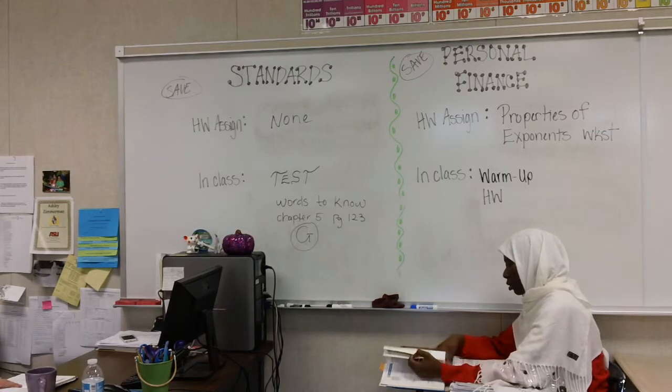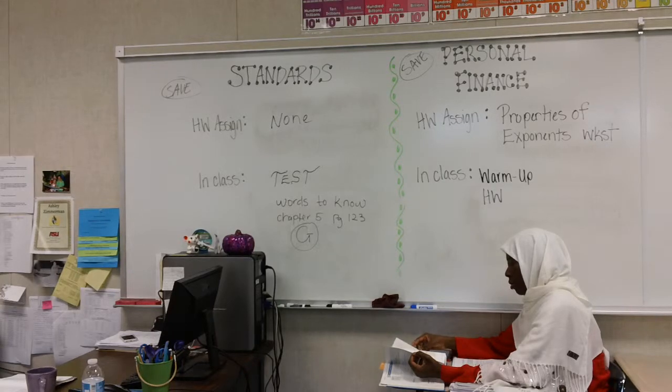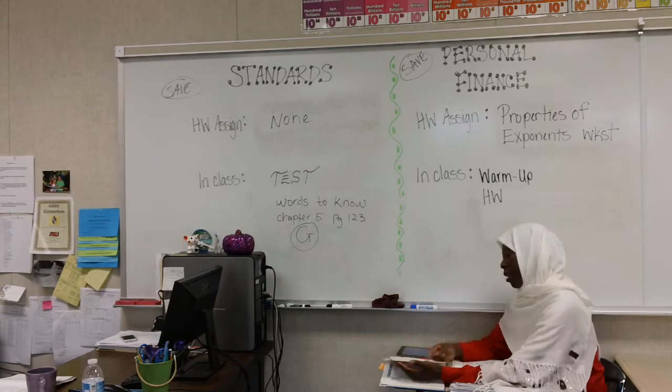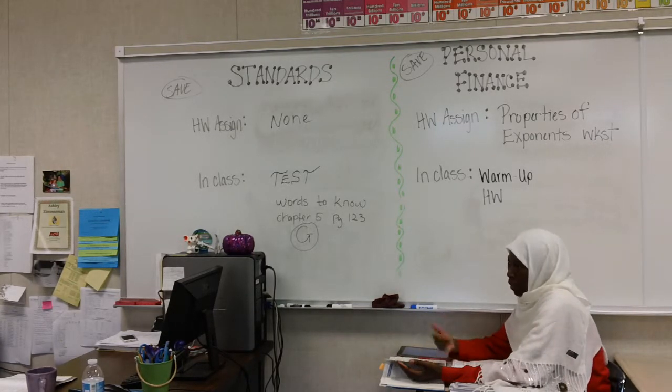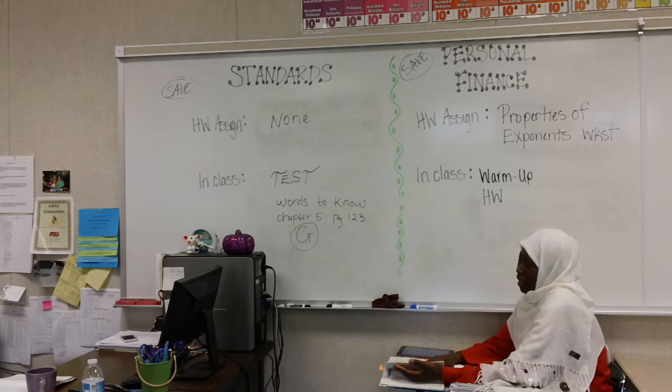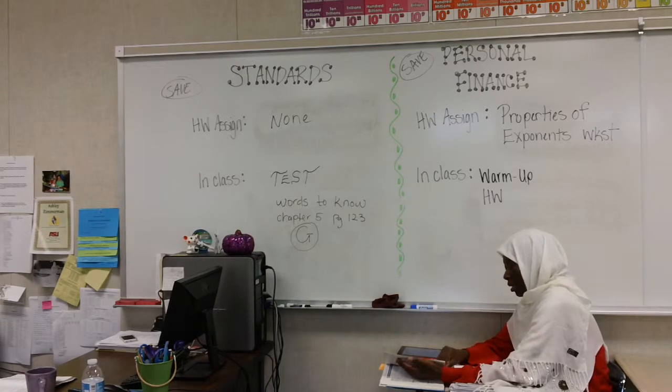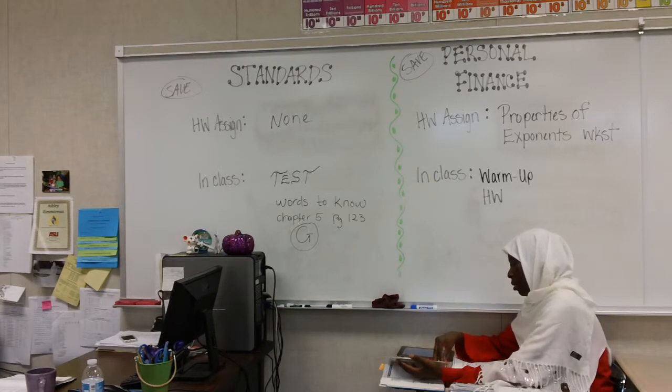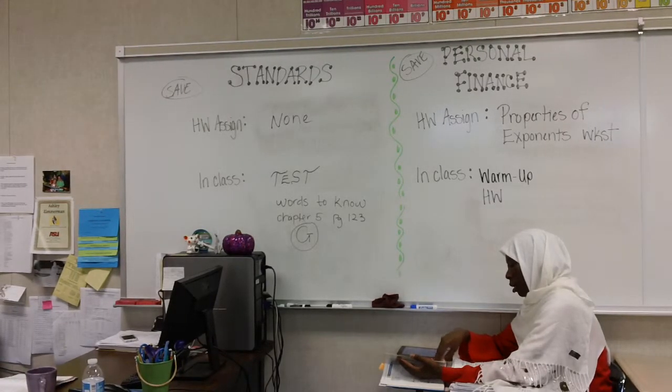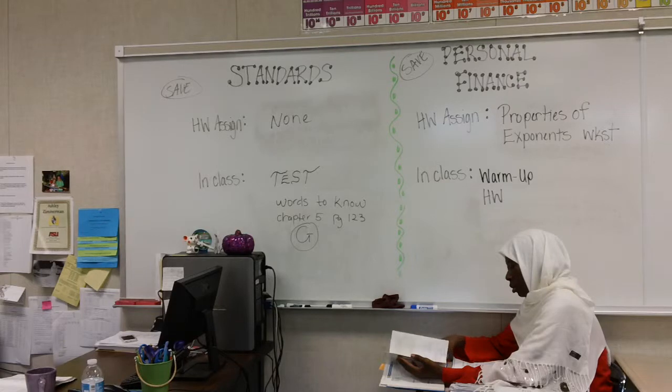Congruent triangles. I don't see any major challenges there. Most of them have the background knowledge of knowing what congruent is, and they can match them up. We've been talking about corresponding with the angles and transversals anyway. So I don't see too many issues with congruent triangles.